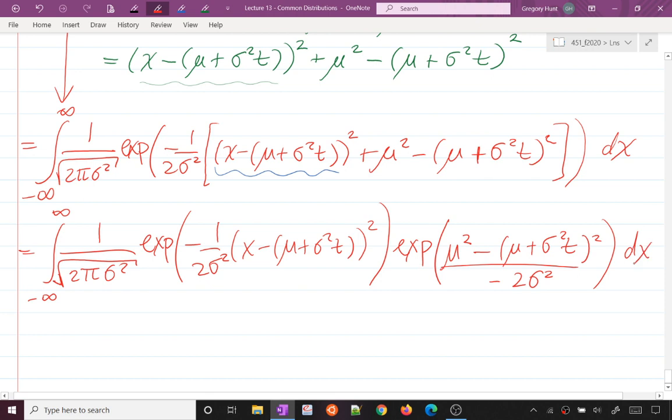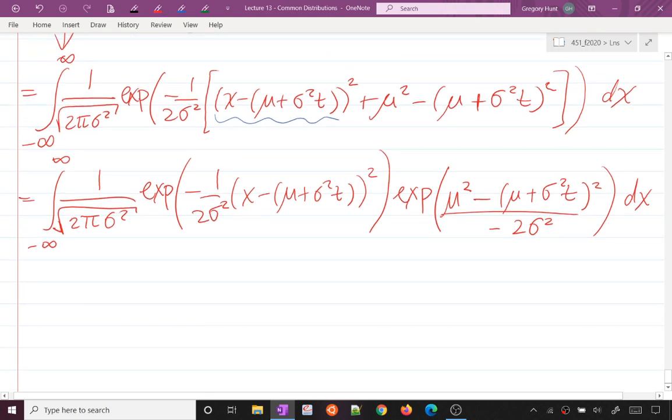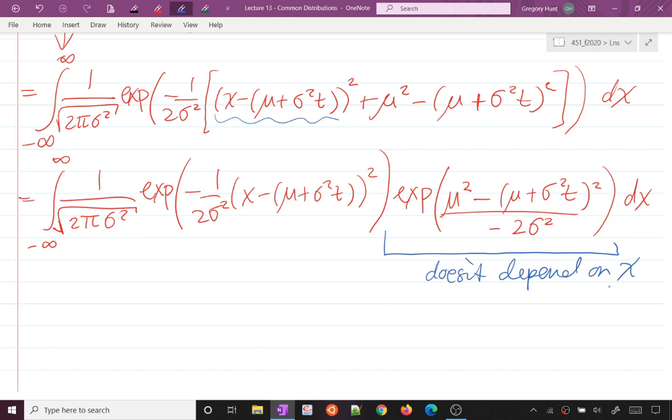So basically, this is all just algebra at this point. But I can recognize two things. One, this doesn't depend on x. Well, ain't that handy? That can be factored out of the integral. And the second thing I'm going to notice here is that this is the PDF of a certain normal random variable.